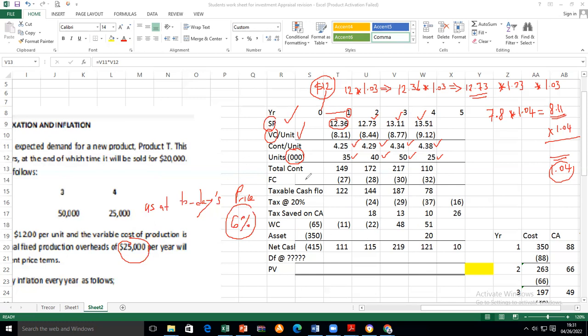So we take 25, the first one is 25. Drop the 3 zeros, multiply by 1.06. You round off your answers. So what do you get when you multiply 25 by 1.06?